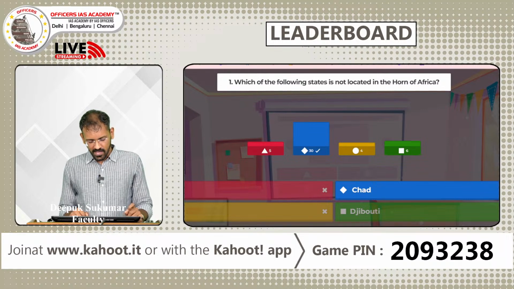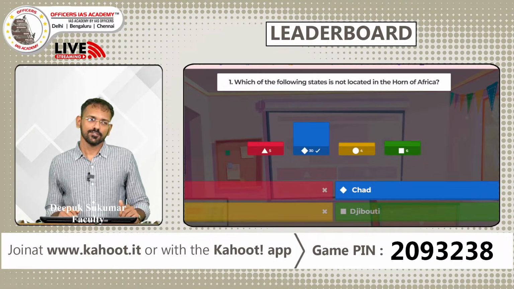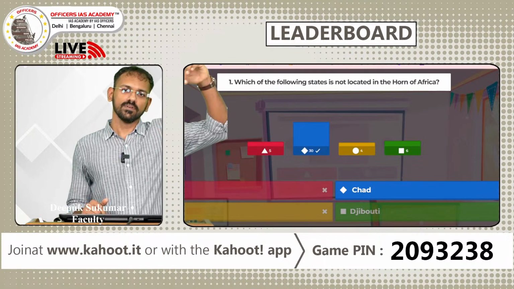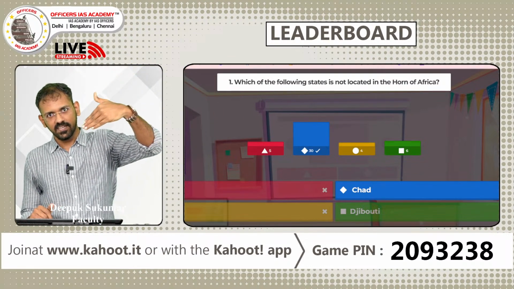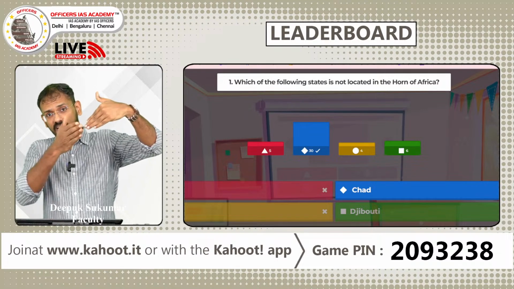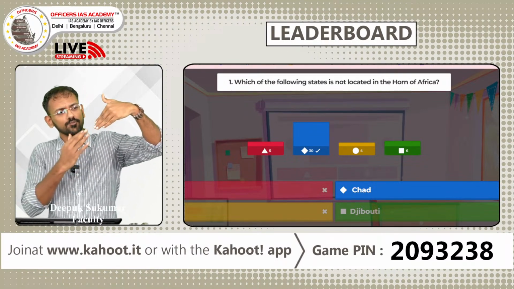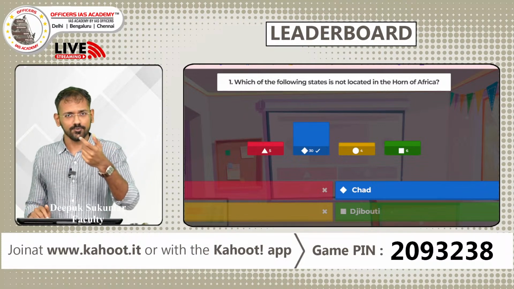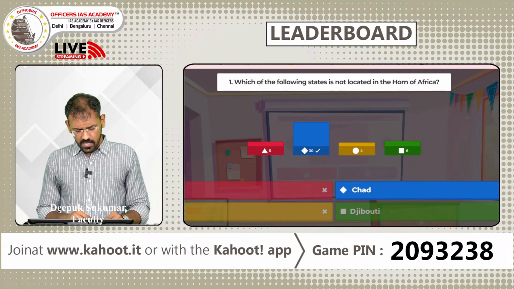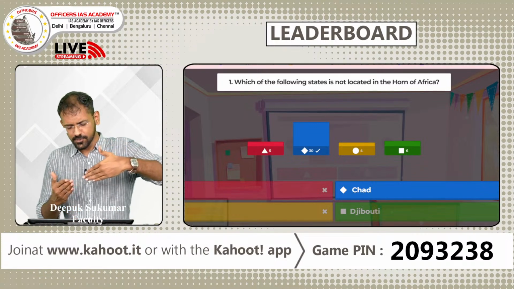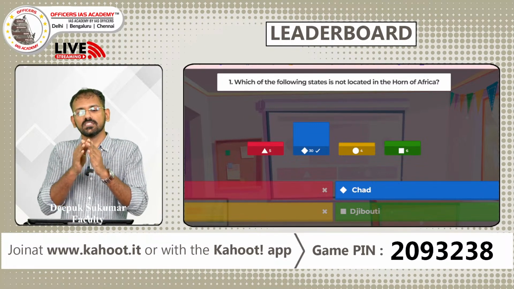Horn of Africa is extremely crucial because ships from Europe move across the Mediterranean Sea, and to get connected to the Red Sea and the Indian Ocean, you have what is called the Suez Canal, which has been in the news lately. As you pass through the Suez Canal and go into the Red Sea, there is a certain choke point.